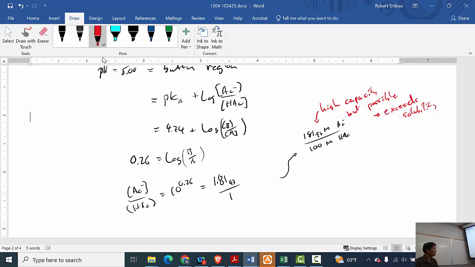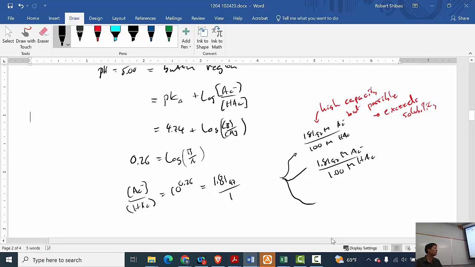It doesn't have to be these numbers, they're just shown because they make life easier, but as long as it maintains this ratio. So what I could do is 1.8197 molar acetate and 1.00 molar acetic acid. This would work. It would give me the same pH. Right?